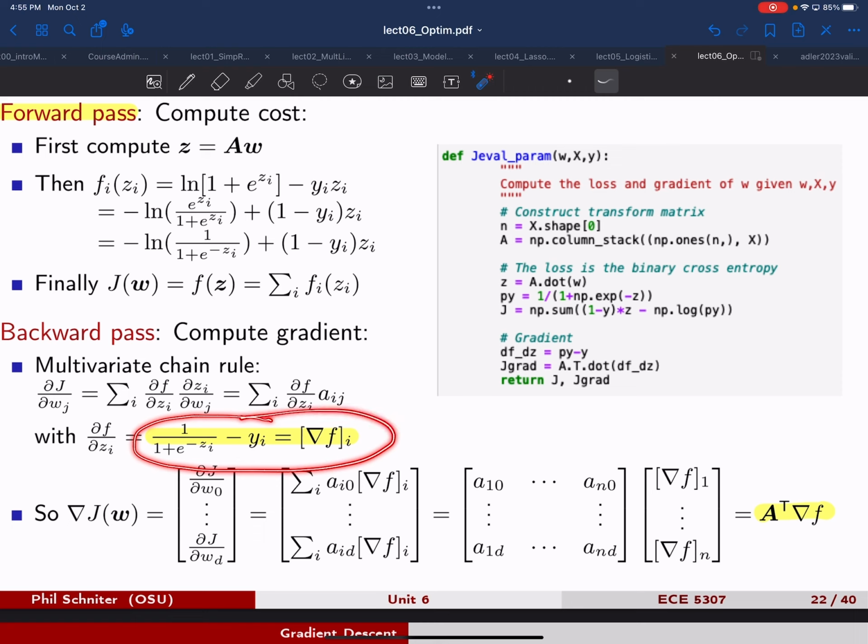You can see that that's py minus y, like this. And then we have the gradient is this vector, or this matrix, A transpose dot this df/dz. So everything here is computed in just a few lines very efficiently, and then we return J and its gradient.